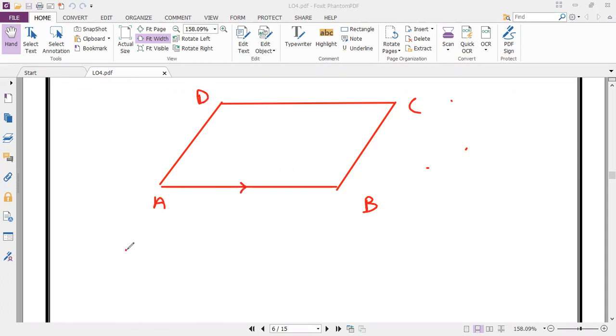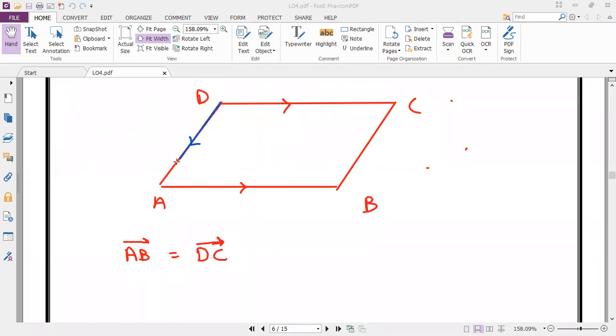The vector AB, or the directed line segment AB, is the same as the vector DC because they have the same length, or the same magnitude, and they have the same direction. What about the vector DA?